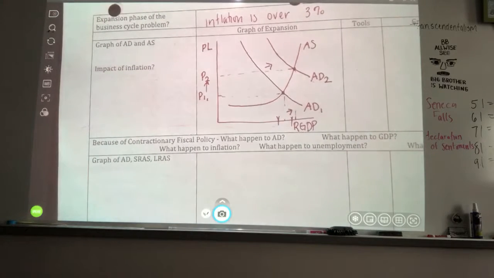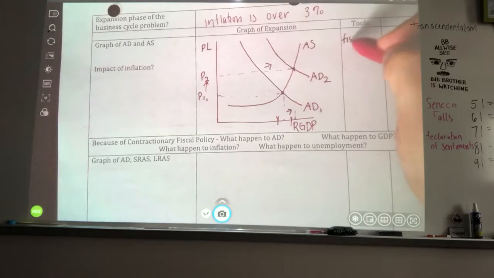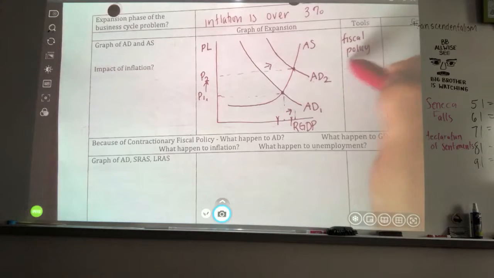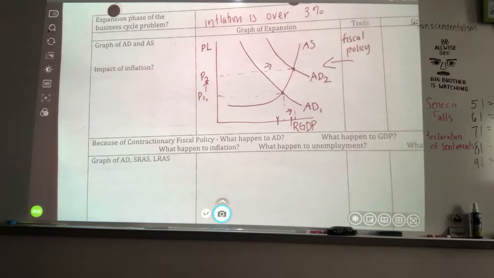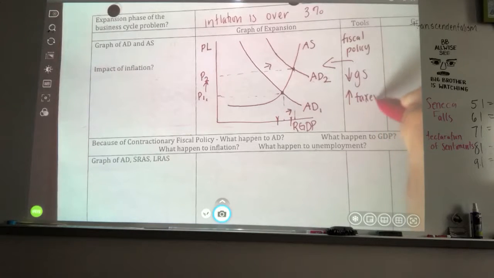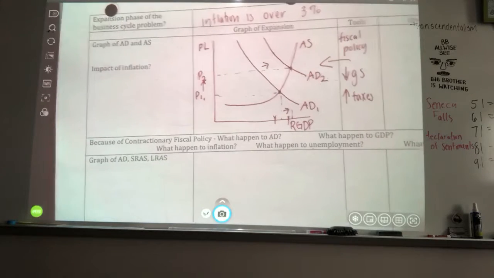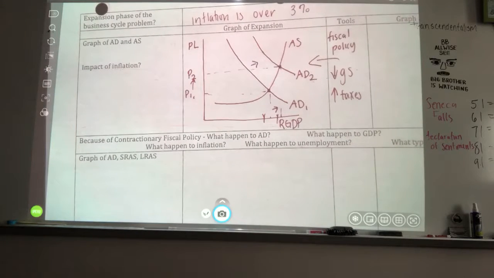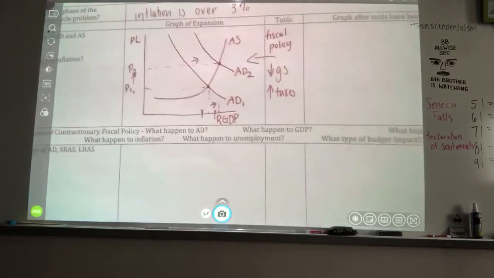So I want us to look at fiscal policy. In fiscal policy, what tools will the government use to counteract this? Taxes. Okay, so government spending less. And what are we going to do with taxes? On the AP exam, they're always going to ask you to graph the impact.